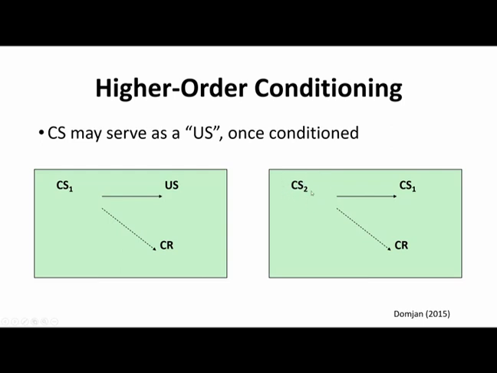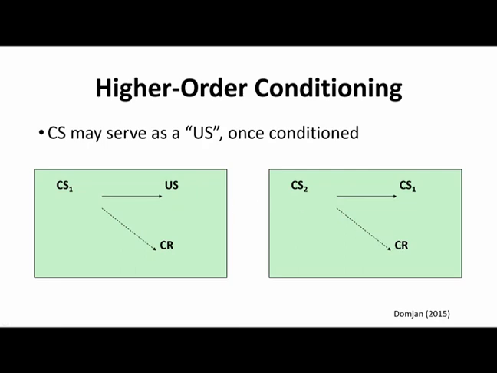Once we've gone through step one, we can move on to step two, where we take a new stimulus and we associate that new stimulus with our already trained conditioned stimulus. So now we have a secondary conditioned stimulus that we associate with our first conditioned stimulus, and that new CS will then come to produce a CR.